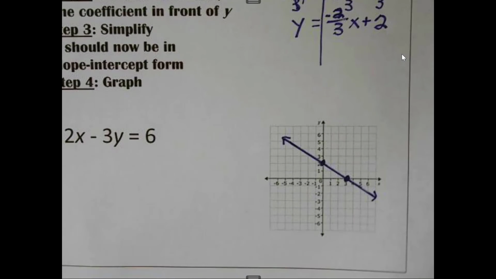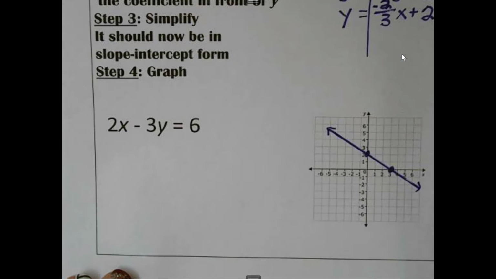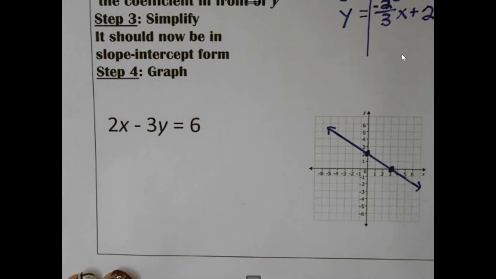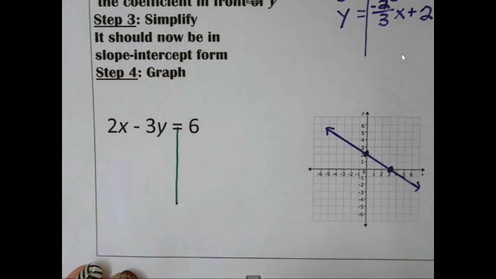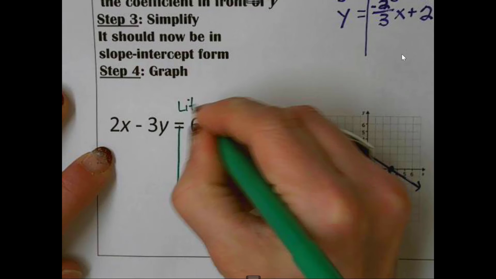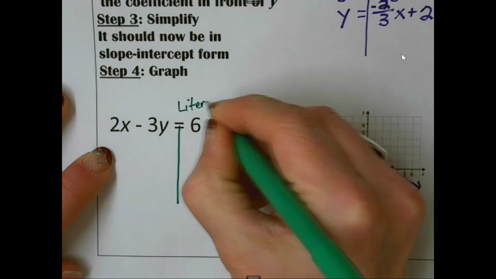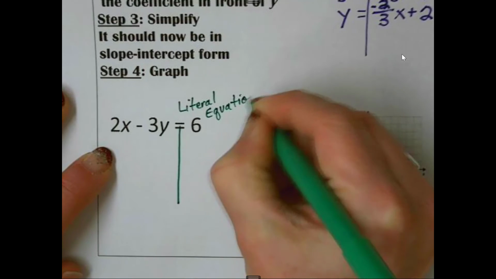All right, let's go through one more example here. 2x minus 3y equals 6. I'm going to use a different color just because then I'll graph it. Again, this is called a literal equation, and we are solving for y.